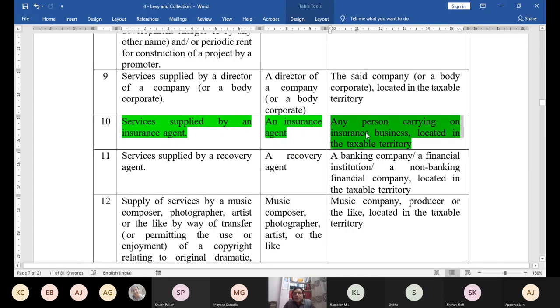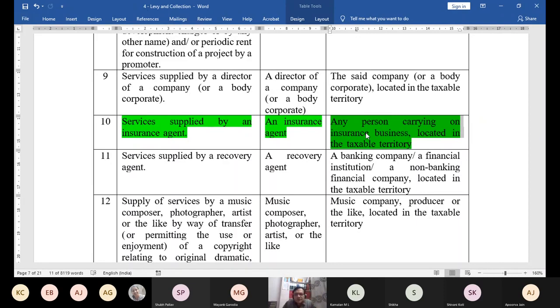Who will pay? The person carrying on insurance business located in the taxable territory. So those insurance companies have an obligation to pay the tax to the government of India on reverse charge basis, because most of the agents are individuals. It was not possible for individuals to pay the tax, so it is better to just grab that insurance company. Rather than tracing 1 lakh insurance agents, just catch one company and the company will pay the tax to us.